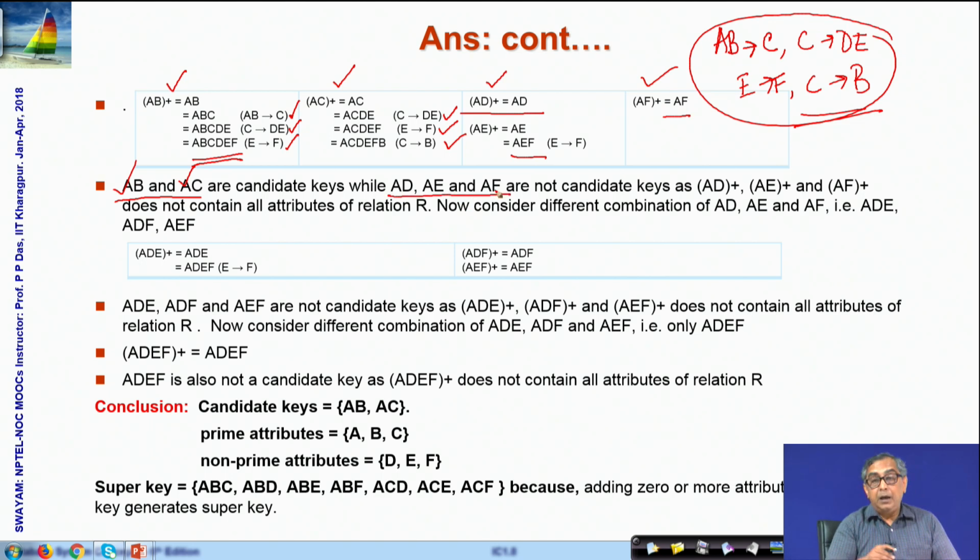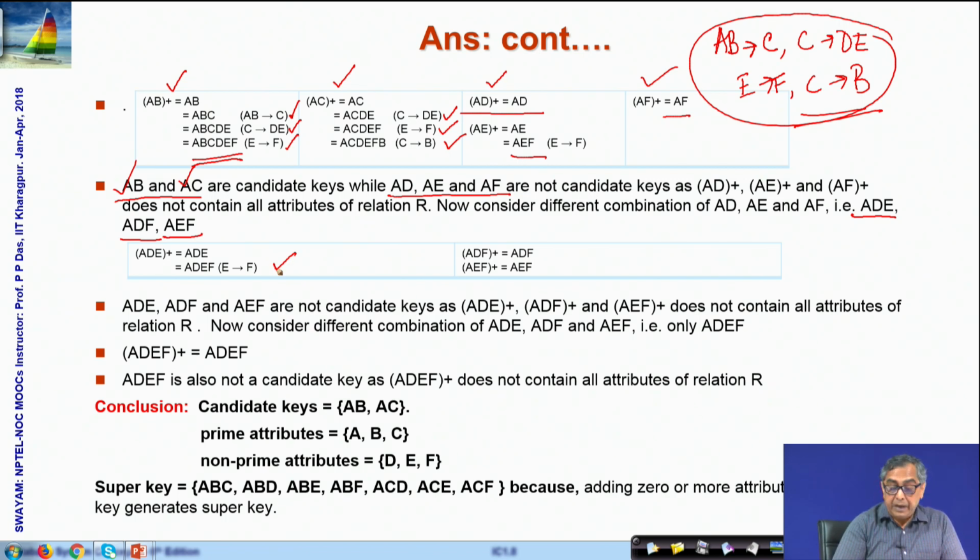So, I will combine them to take triplets, which could be possible candidate keys. Naturally, if I form triplets, I will have A D E, A D F and A E F. For A D E, again I compute the closure, I find that all attributes are not included.